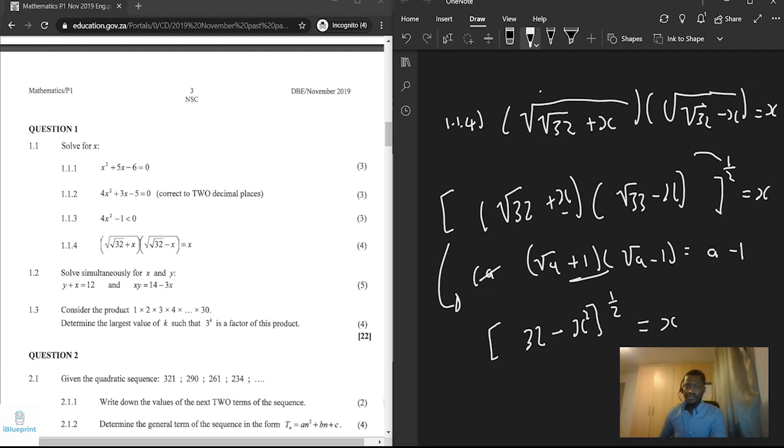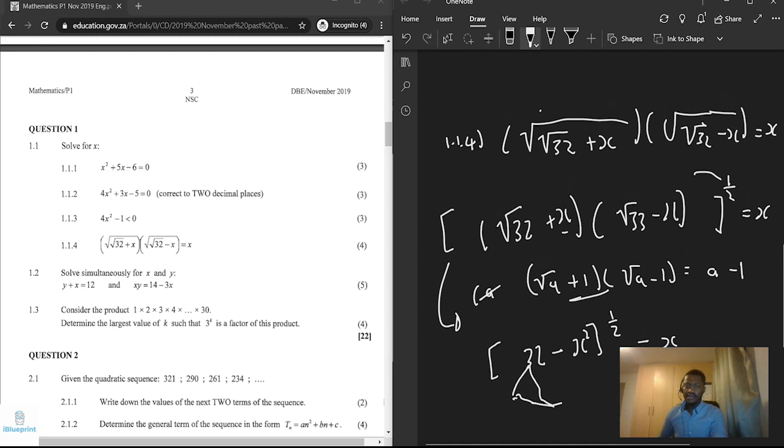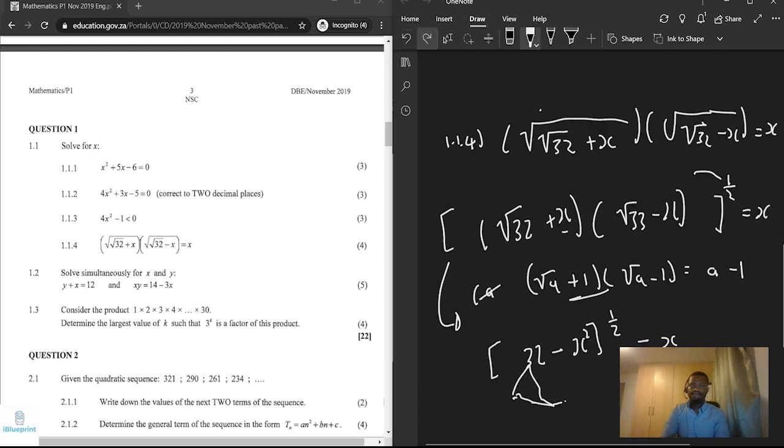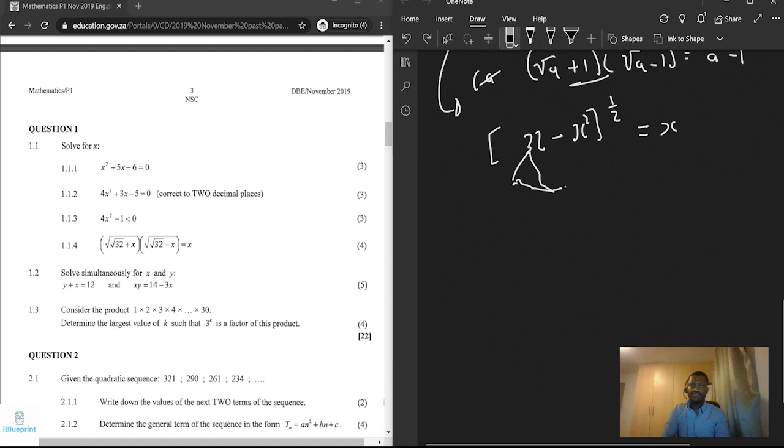To simplify further, we're going to have 32 minus x squared equal to x squared.